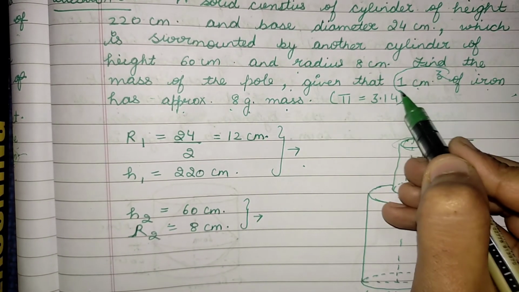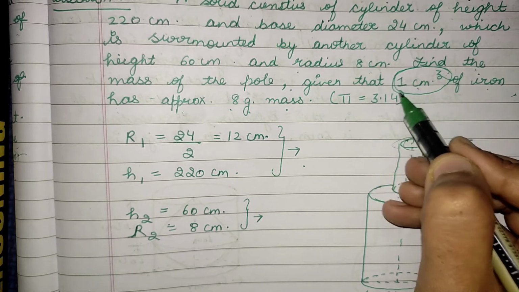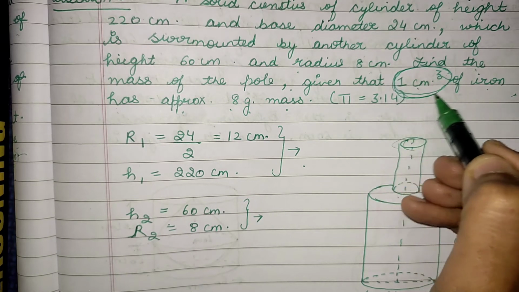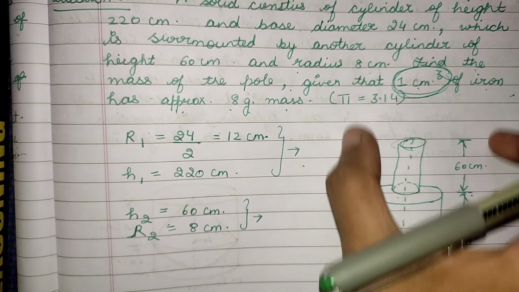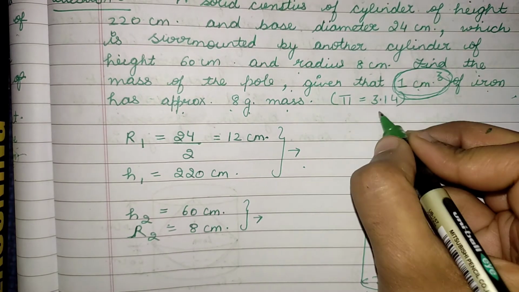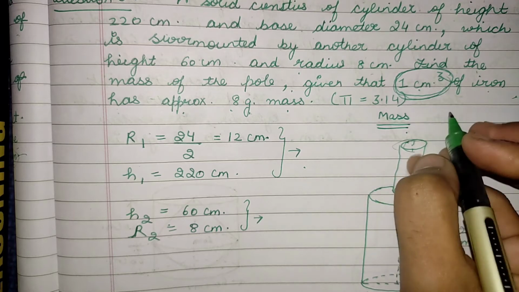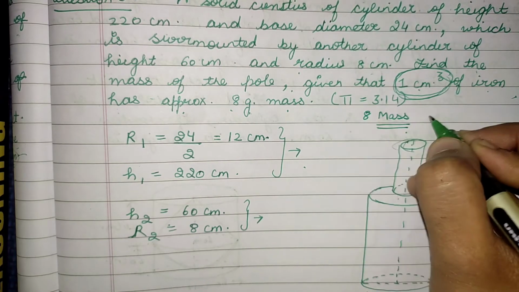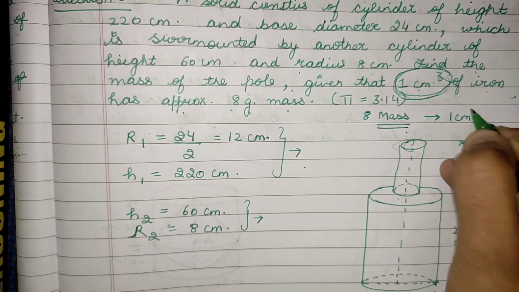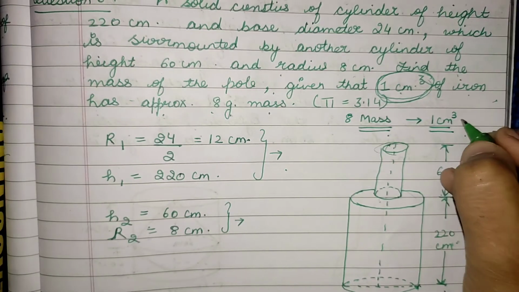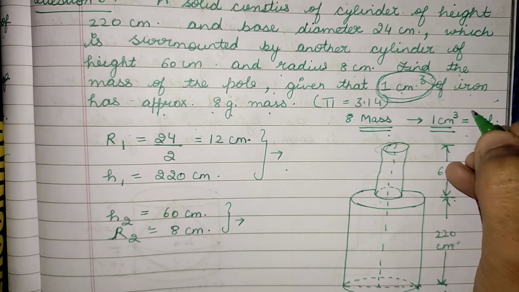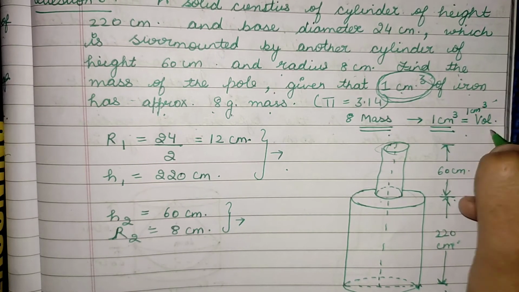So 1 centimeter cube means they are talking about the volume of the complete figure. We have to find the mass, and they are telling us that 8 gram mass is equal to 1 centimeter cube volume.